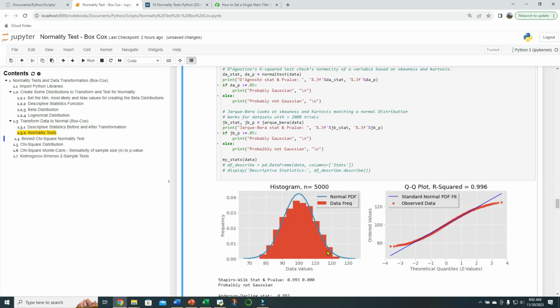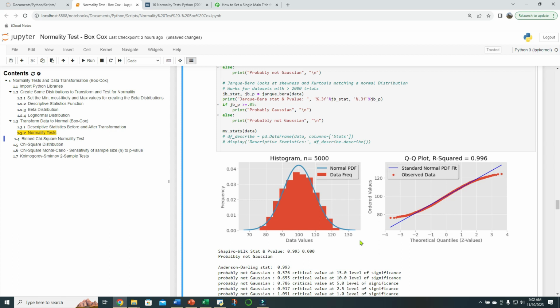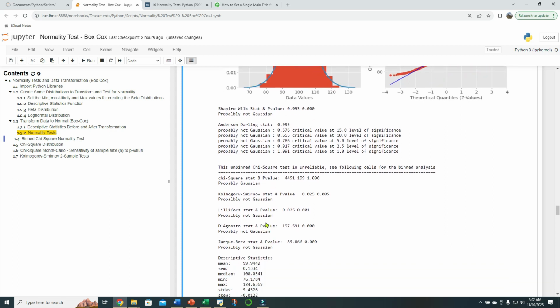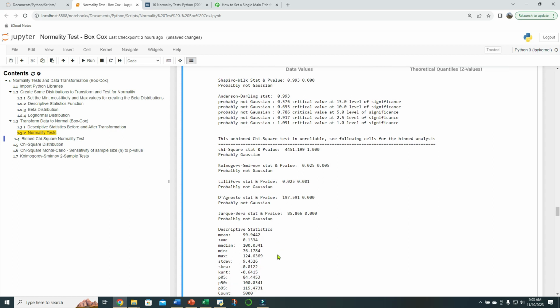Looks normal. We can see the tails out here beyond around 2 standard deviations are tailing off from the straight line. And not Gaussian, not Gaussian. Chi-square says it's probably Gaussian. Not Gaussian, not Gaussian.